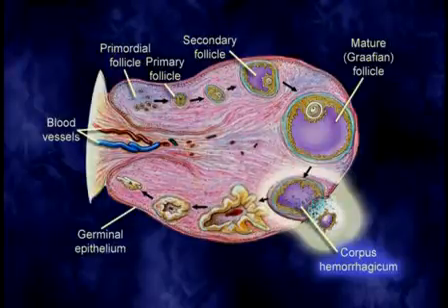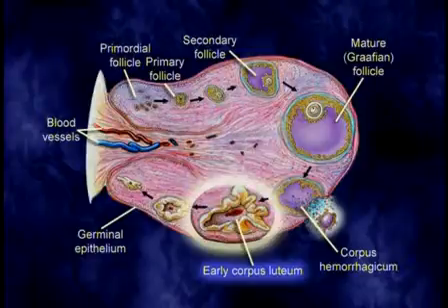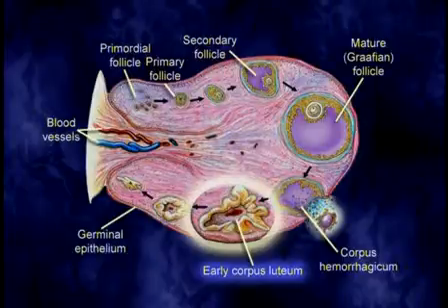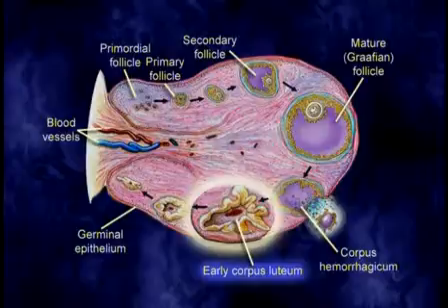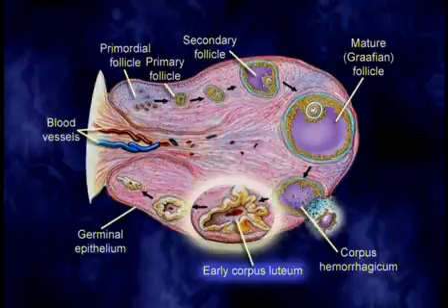After it discharges the egg, it continues to mature. We sometimes see this structure with a blood clot in it. That's just after the follicle ruptures. There's a very rich blood supply, and occasionally a few drops of blood will spill out into the peritoneal cavity.